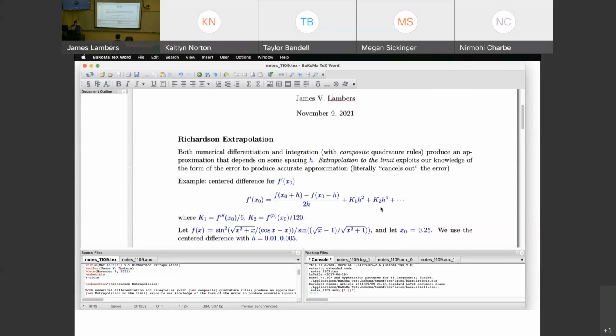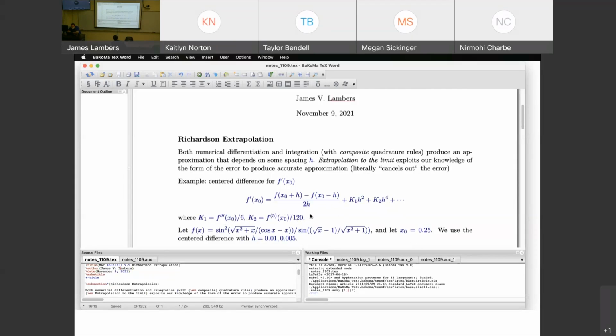The combination of even powers of h, only even powers. And we actually know what the constants are in this case. So f triple prime over 6, fifth derivative at x naught over 120, and so on.